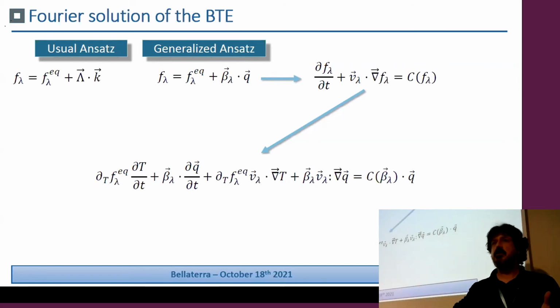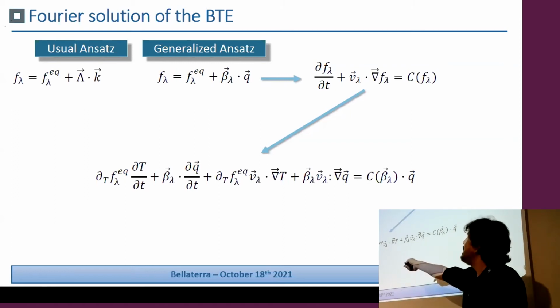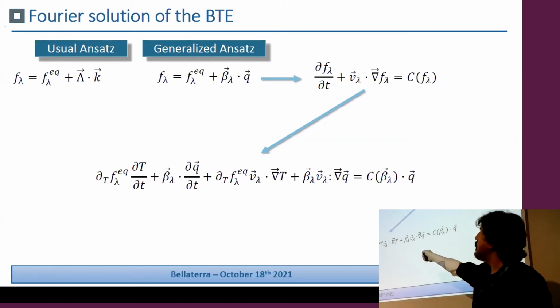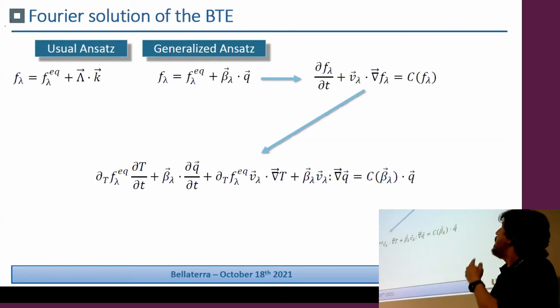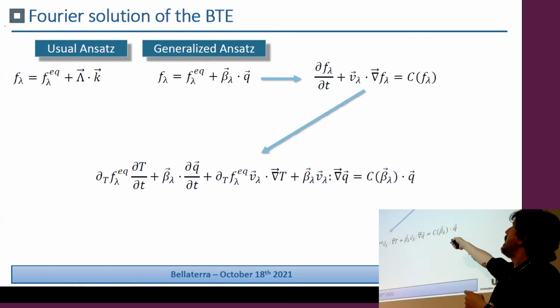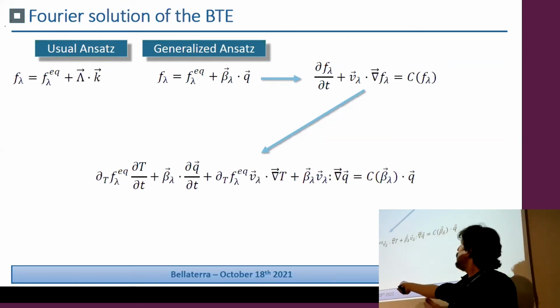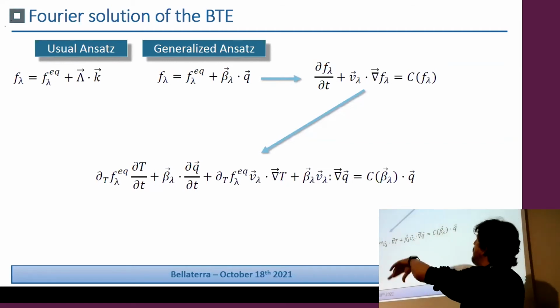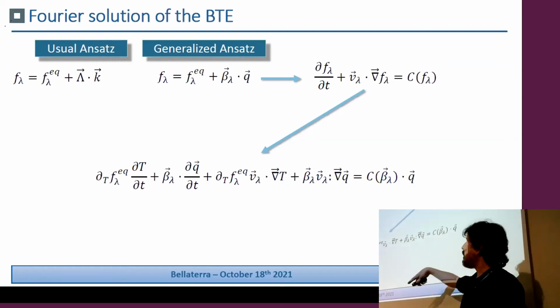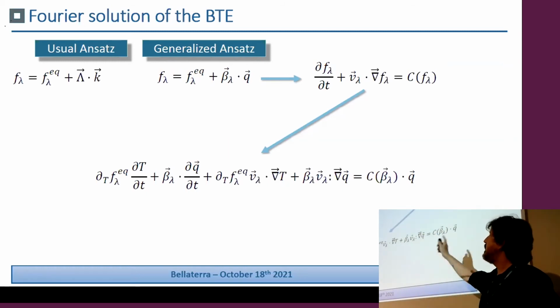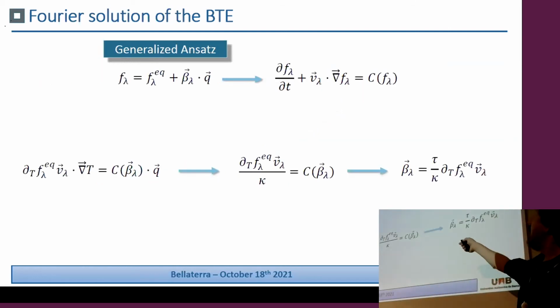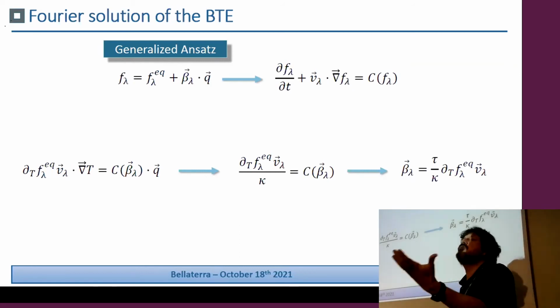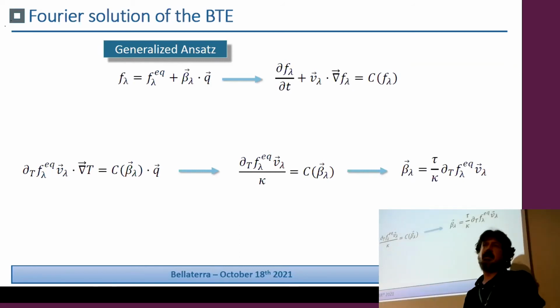And that's our point of view. Instead of having these answers, we will have something like this. And not only this, in this case, when you apply this form to this BTE, you will obtain this equation, the one on the bottom. And at the end, if you are in the steady state, the first derivative goes away, and at the end, you will get the Fourier law. This is a standard BTE way of working.